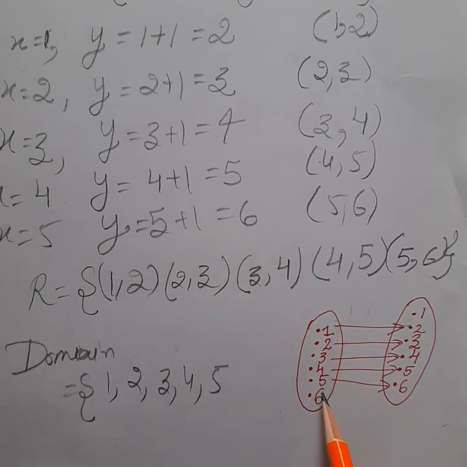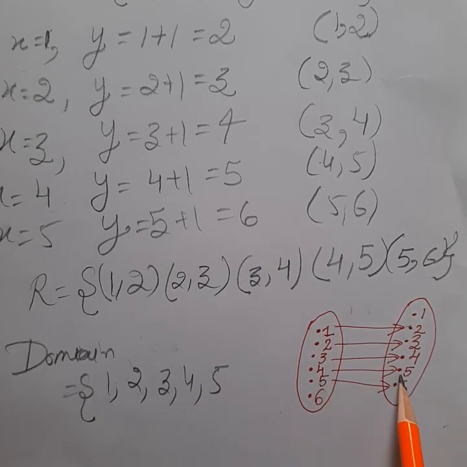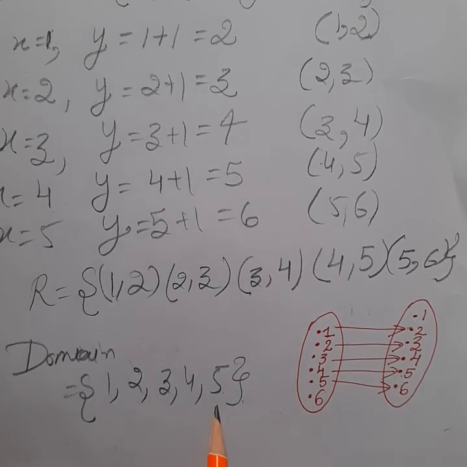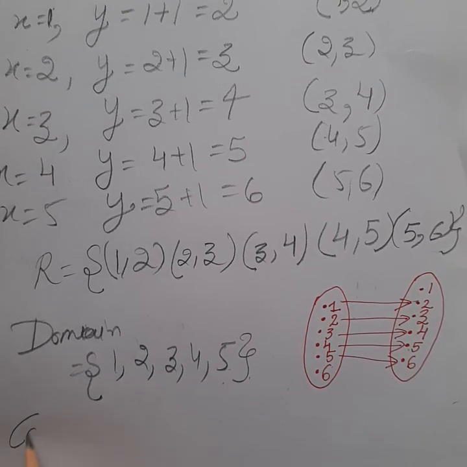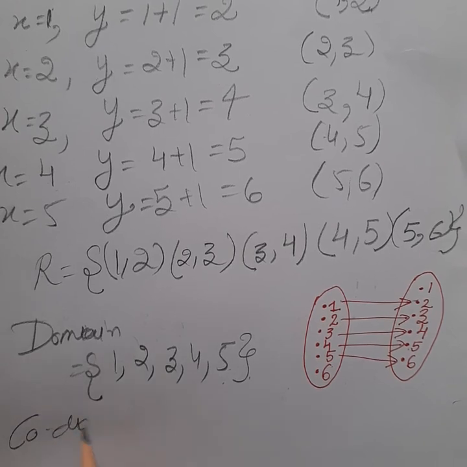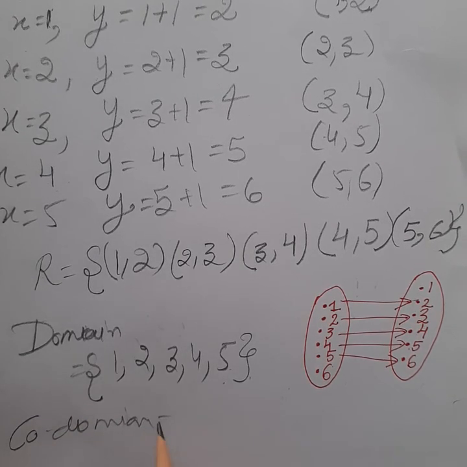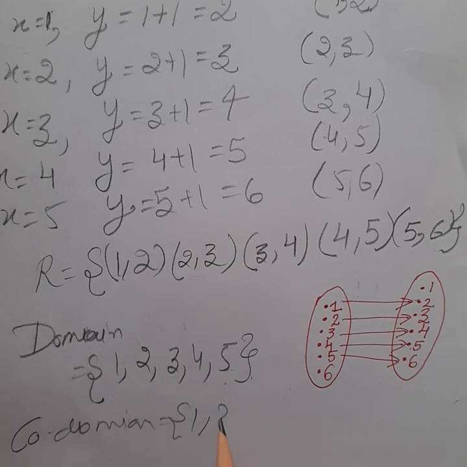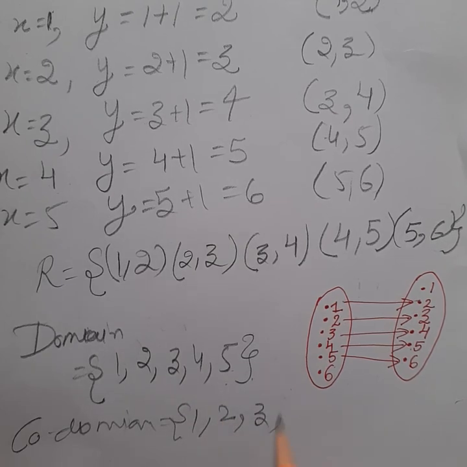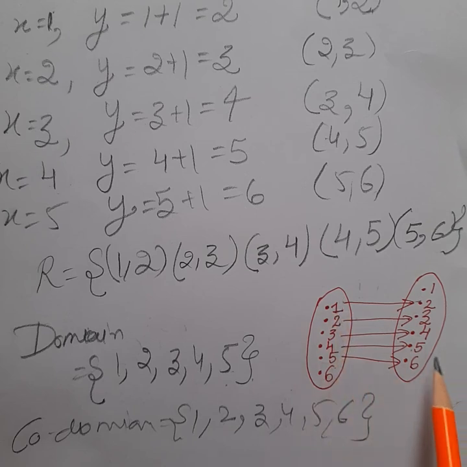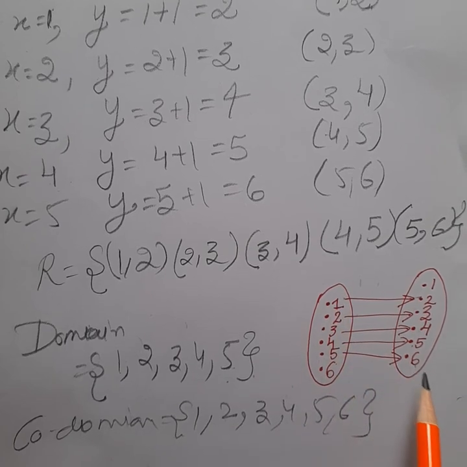The elements that have a relation with other elements are called the elements of the domain. And what is the codomain? The codomain is the set of all the elements you have in your question, like 1, 2, 3, 4, 5, 6, whether or not they have a relation with other elements.